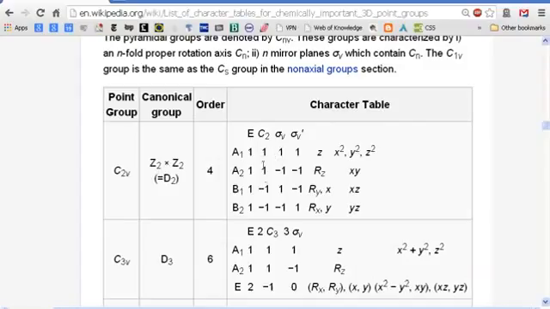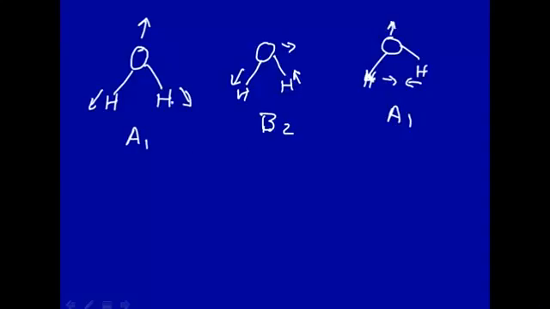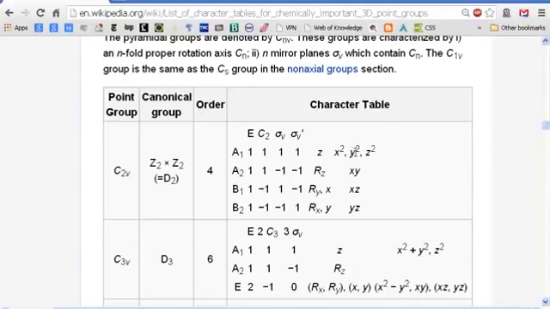Yes, A1 and B2. A1, oh look, in the character table, X squared, Y squared, and Z squared have the same irreducible representation, A1. So therefore, any normal mode in water that has A1 irreducible representation is Raman active, because that's X squared. Let's look at B2. Here's B2.